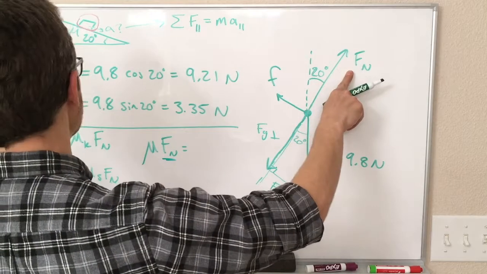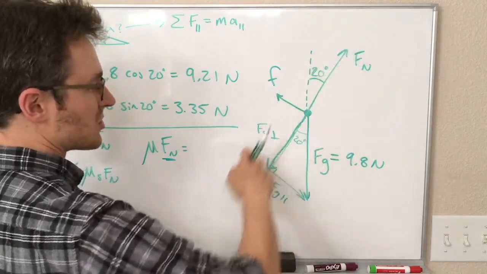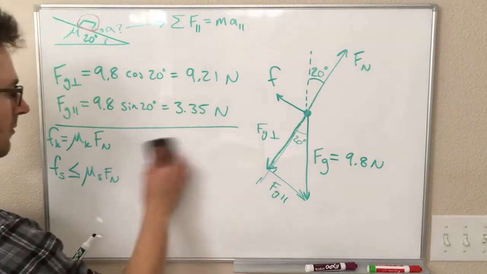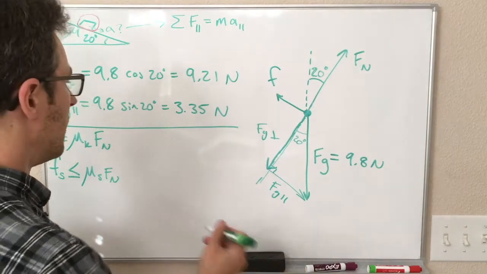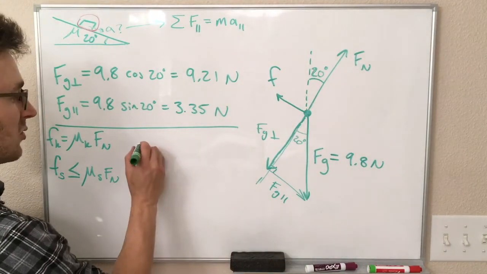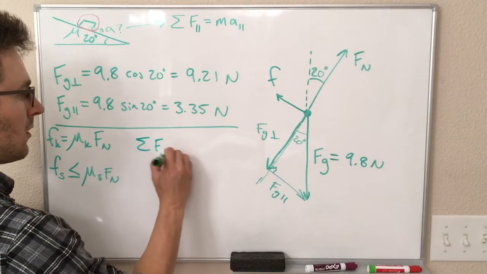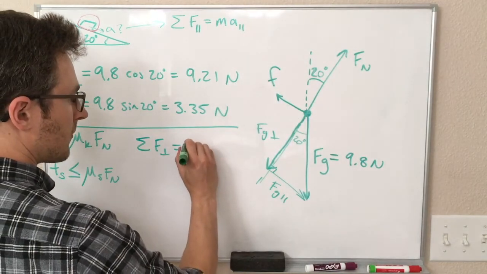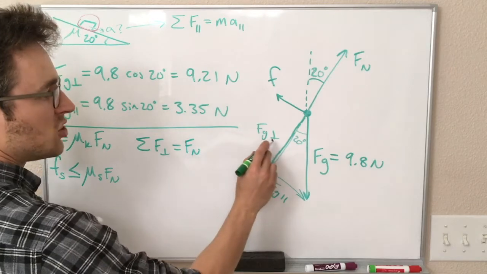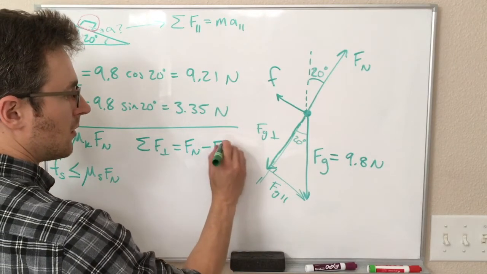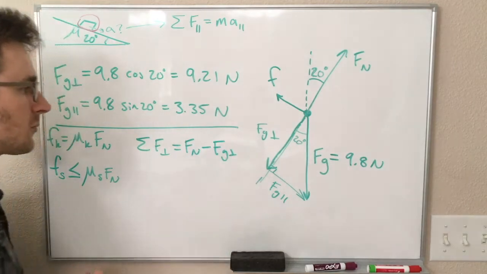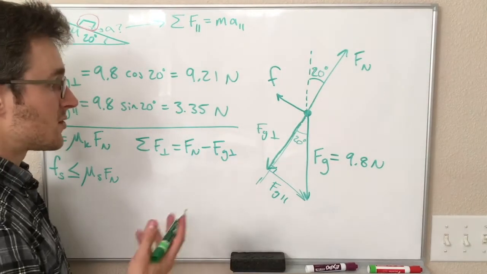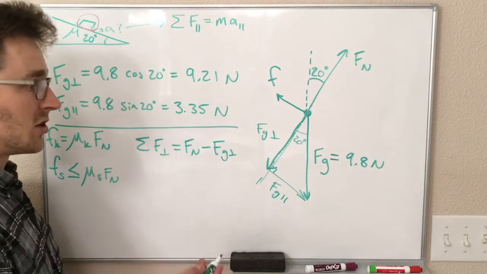Okay, the normal force is here. It is in the perpendicular direction. And we talked about this before, but hopefully you remember. In the perpendicular direction, we only have two forces, right? We have the normal force up and to the right, and Fg perpendicular in the opposite direction. And we know that the normal force is as big as it needs to be to keep the acceleration equal to 0.